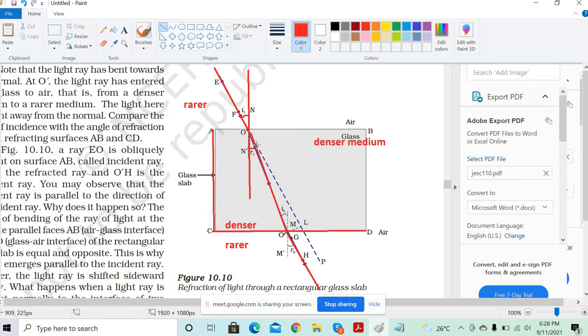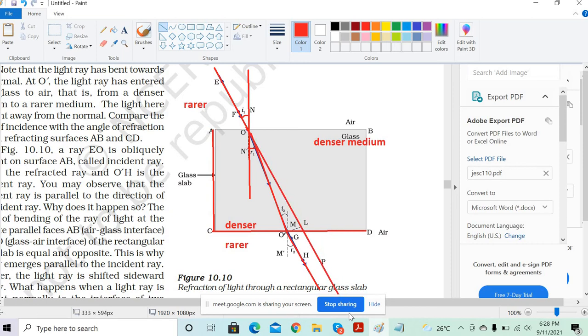Now what is this dotted line? The dotted line is nothing but the same incident ray when the rectangular slab was not there, in which direction it would pass through. It will continue to pass through in the same direction, right?